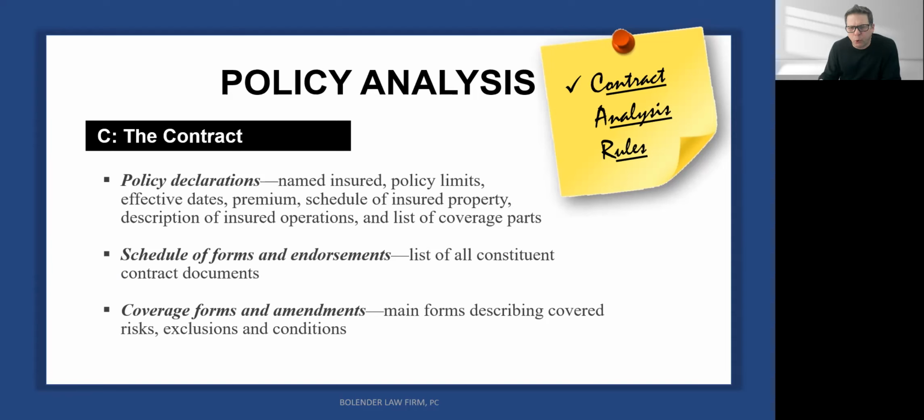First, it is important to understand how to organize the policy documents for review, how to sort out what the contract consists of and what's important and what's not. That's C for contract. Second, it's important to understand how to isolate the critical policy language that's in dispute.